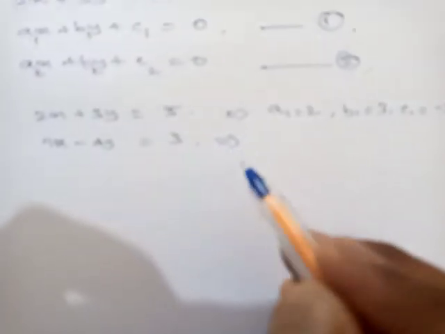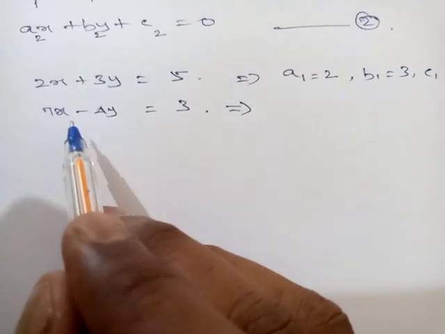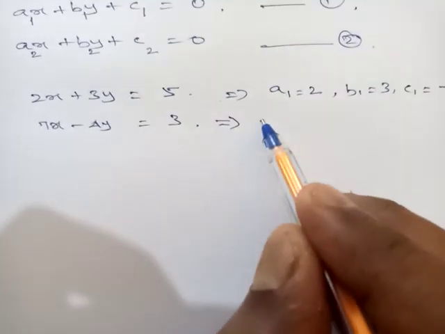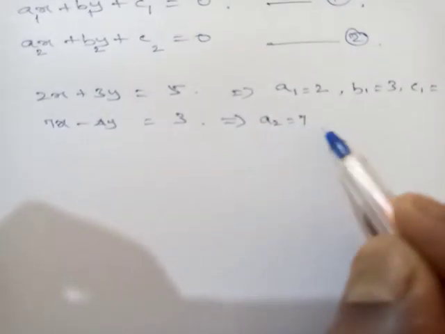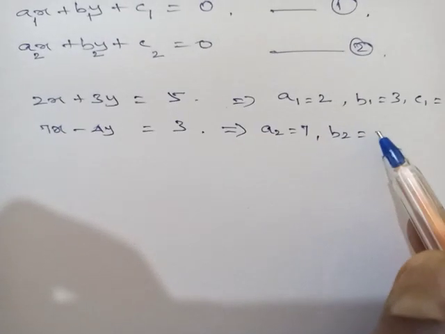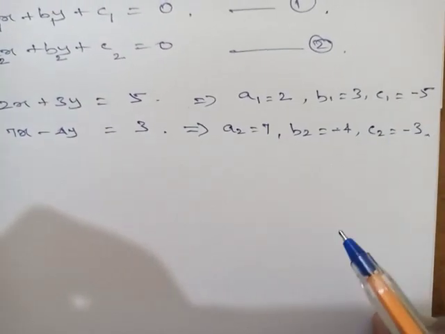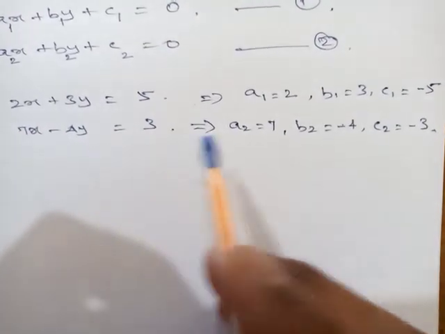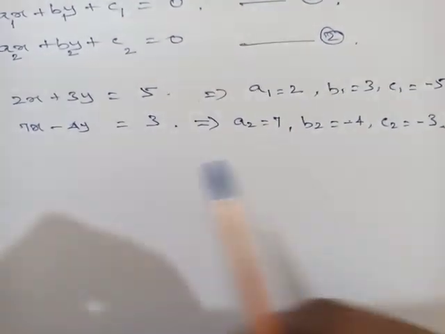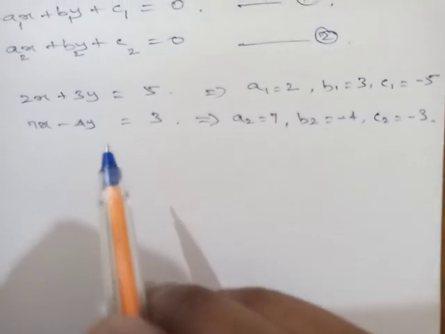From the second equation, the coefficient of x is 7. That is, the a2 value is 7, b2 value is minus 4, c2 value is minus 3. So from these two equations we can say a1, b1, c1, a2, b2, c2. Are you clear with this one?